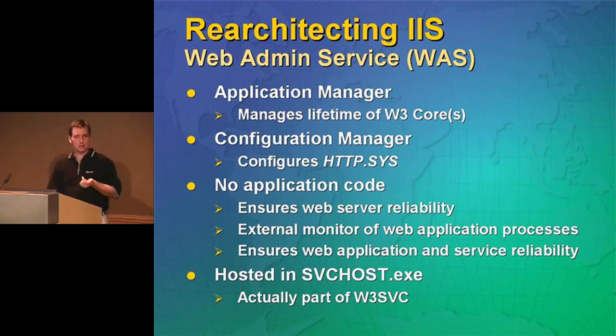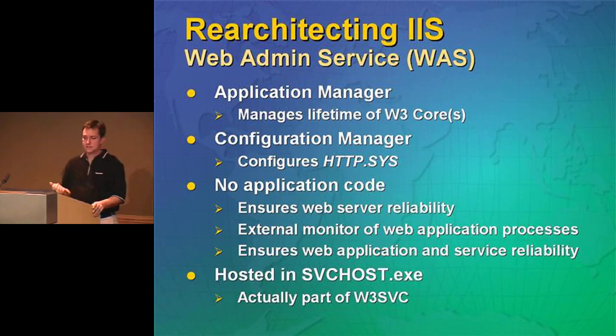This component has two primary roles. One, it's a configuration management app. All configuration that needs to be passed down to kernel mode, such as setting up the URL namespaces and any properties that you configure, let's say with queuing and caching, gets passed down through the API layer from WAS.